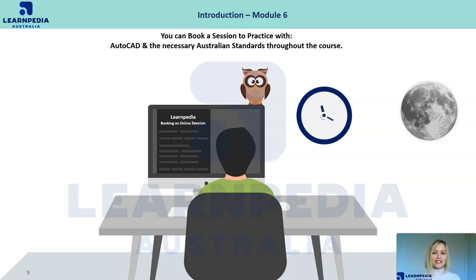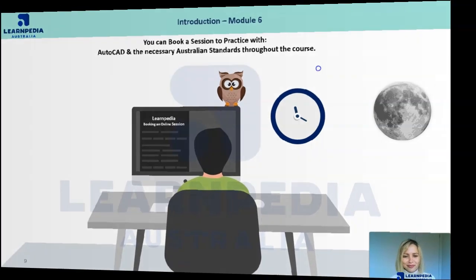You have access to the software packages 24/7. You can book a session and you can just practice during that time with the software packages and with the necessary Australian standards and codes such as AS 2870, AS 1170, and so on.